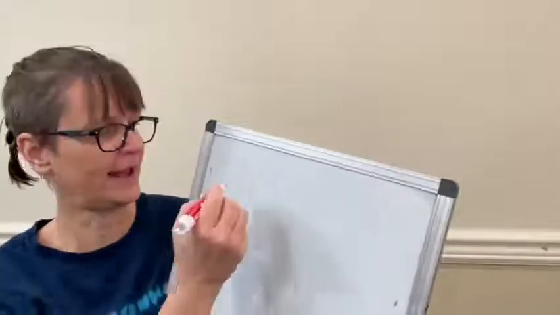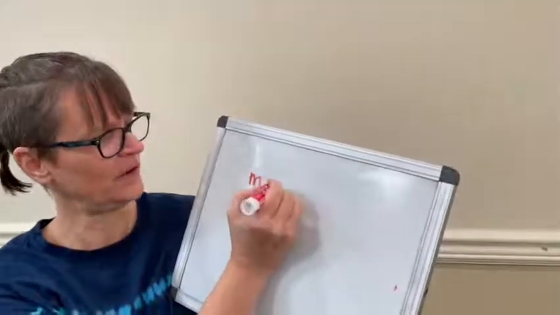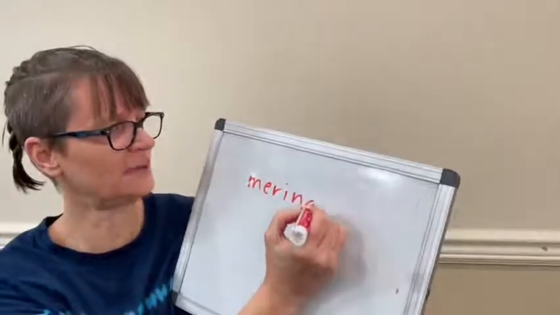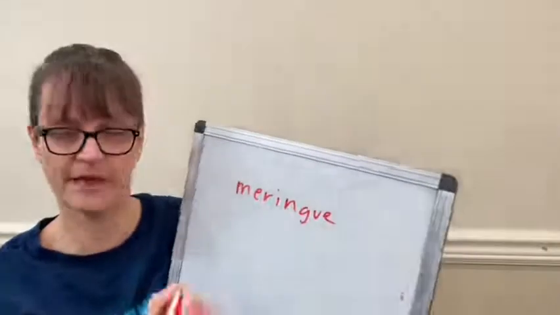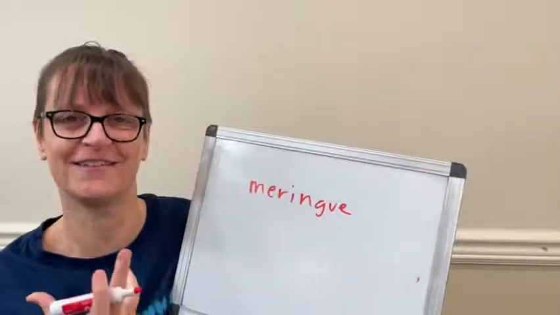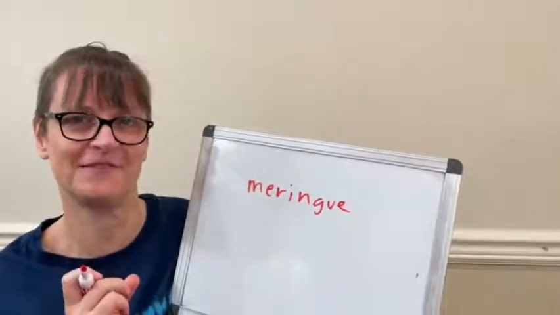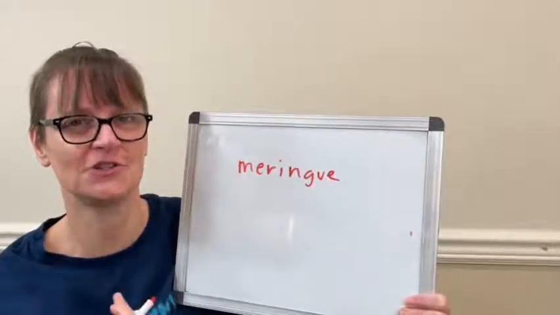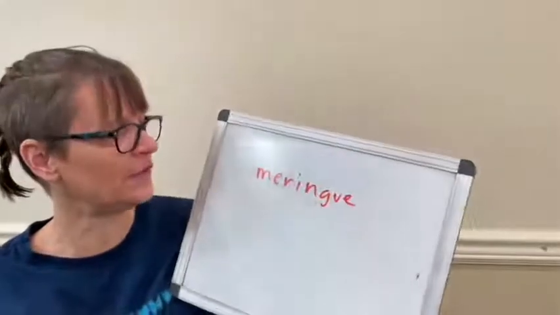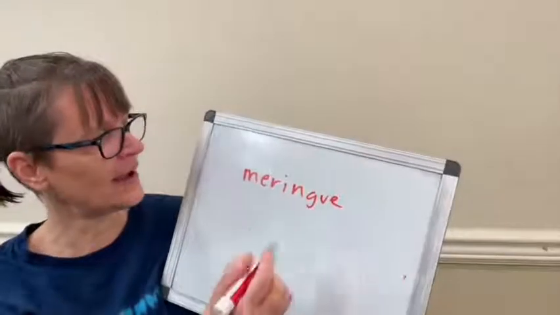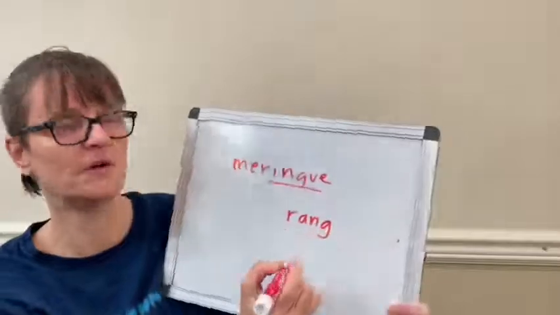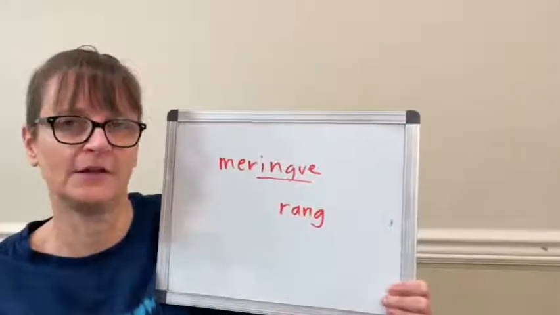And then we have a question about the word meringue. Another one where spelling is misleading. Words that come in from French or other languages are going to hold on to some of the elements of the language they came from, but then be changed because they're in English, so the spelling is not very helpful. In meringue, we have second syllable stress, and it's just like the word rang, like I rang the bell.